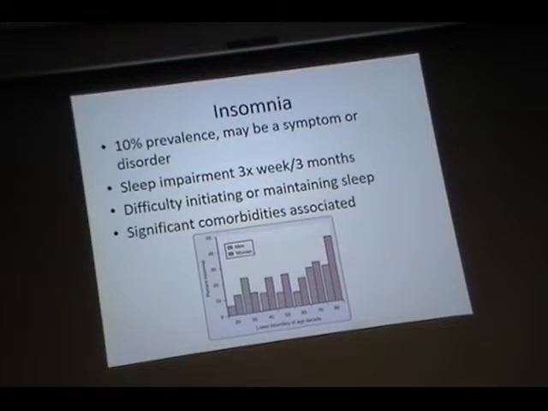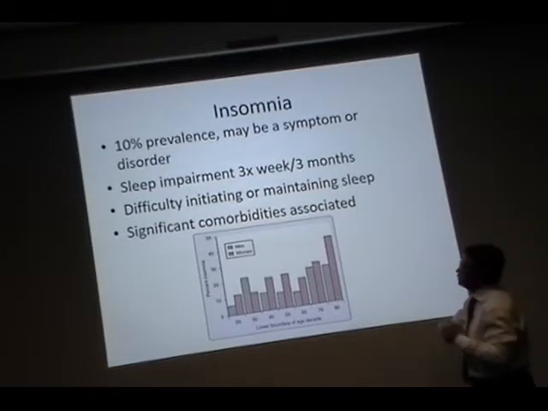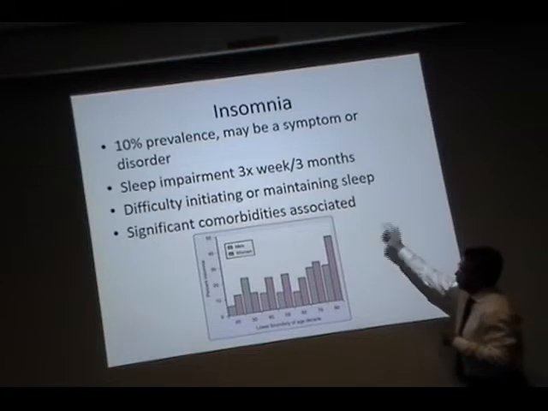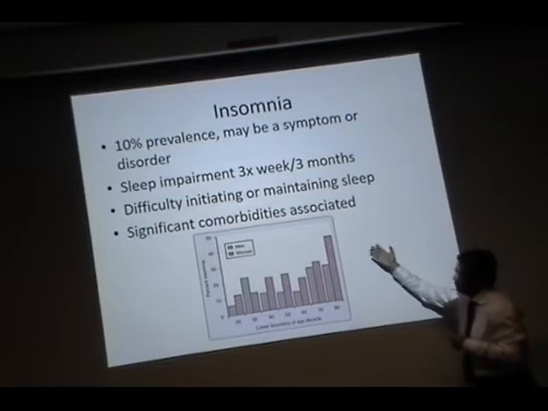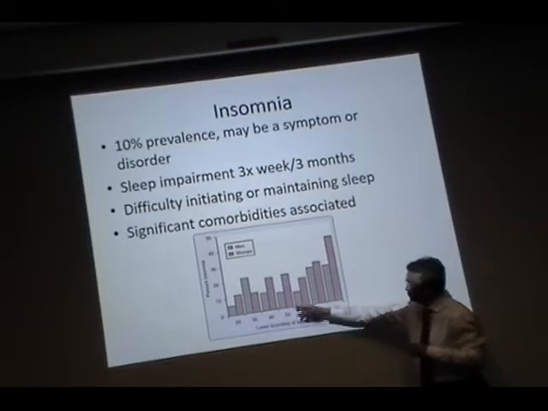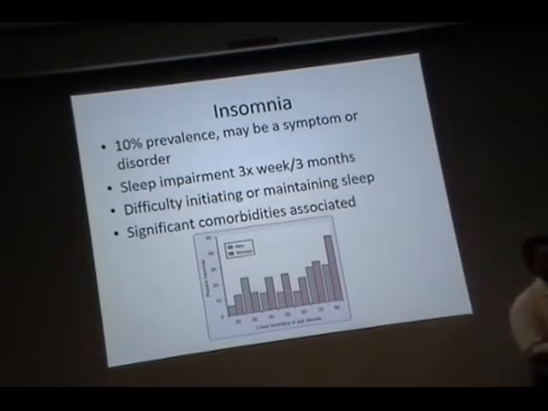So, insomnia. Insomnia is almost as prevalent as obstructive sleep apnea. And it's related to a lot of things depending on the patient. The definition is there, but with insomnia you'll get a lot of comorbidities. Again, with insomnia you'll get parasympathetic and sympathetic activation. It should not happen when you're asleep.